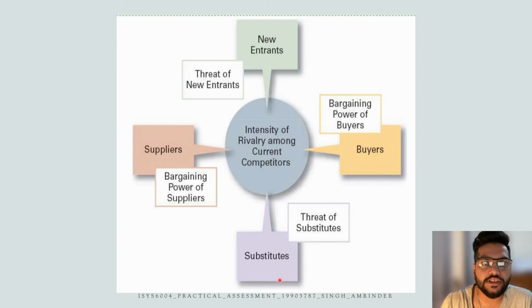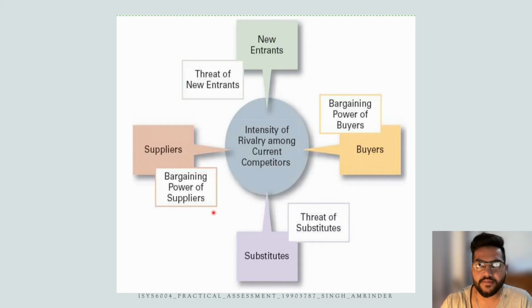If the company is near the city, most of the time people prefer coffee as compared to tea. And the next one is the bargaining power of the suppliers, like from which supplier the company can arrange the raw material at a low cost so that they can earn more profit by selling at high prices.